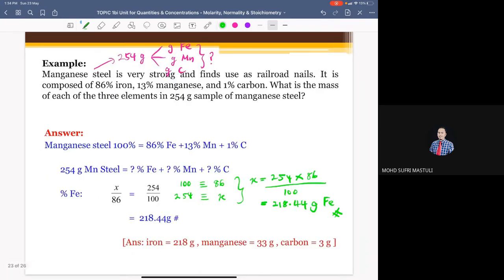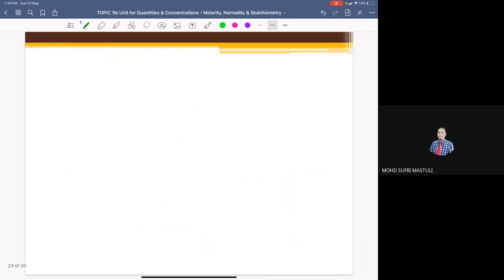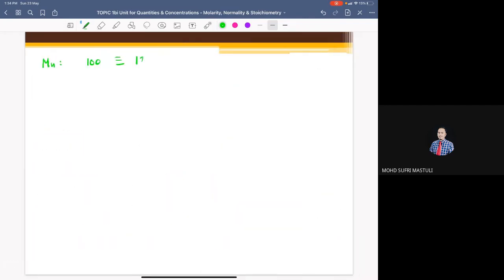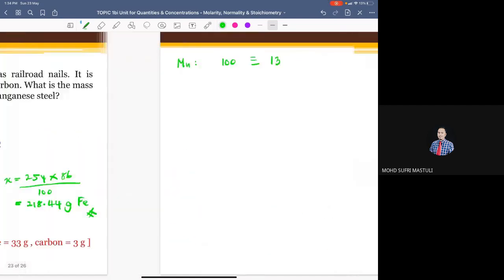Okay, so you can calculate for manganese, Mn. We know 100% of steel is equivalent to 254 gram, and it contains 13% of manganese.